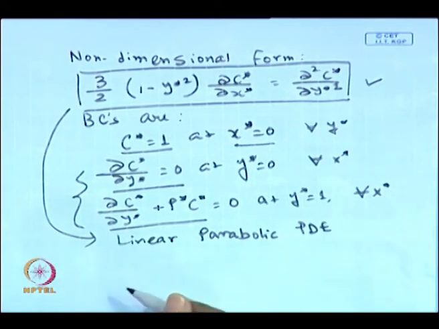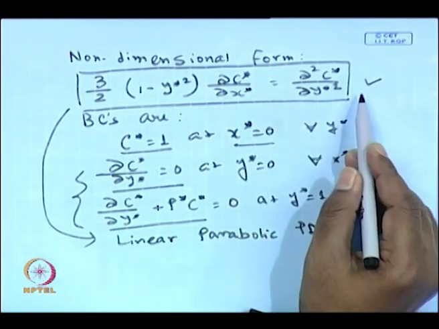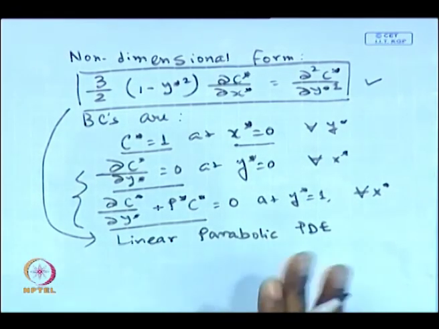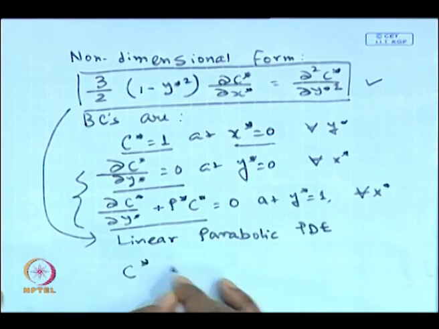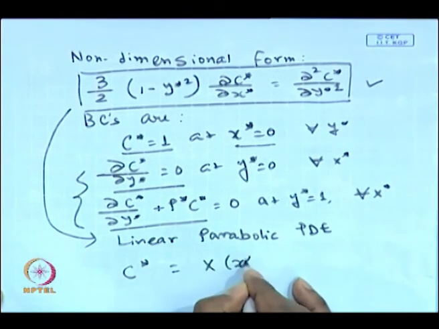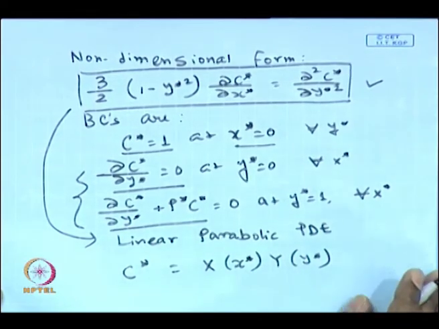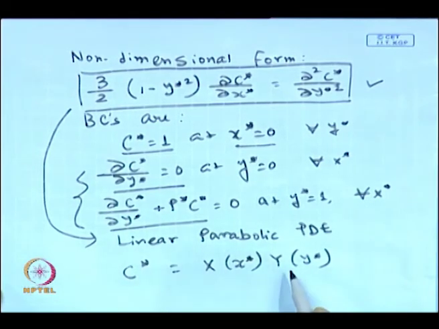So, what is done, one can have a series solution. It has to be solved by taking c star is equal to x star multiplied by y star. So, you can express the concentration as a product of two variables, x and y, where the x varying part is assumed to be solely a function of x star, and the y varying part is assumed to be solely a function of y star.